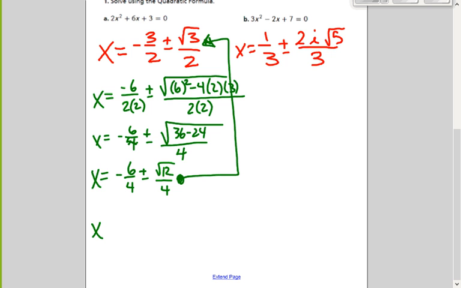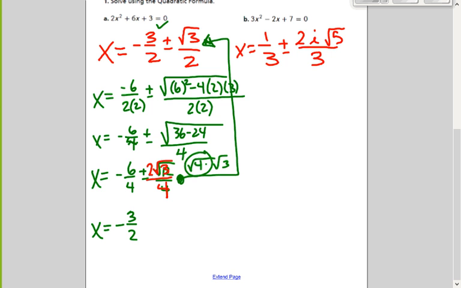First of all, the first part, negative 6/4, reduces to negative 3/2. Check. And the root 12 can be split up into root 4 times root 3. And the square root of 4 is 2. So this becomes 2 root 3 over 4.